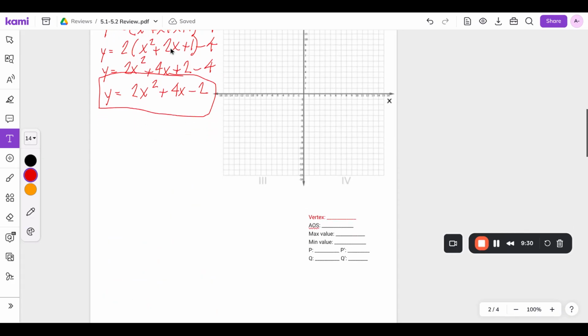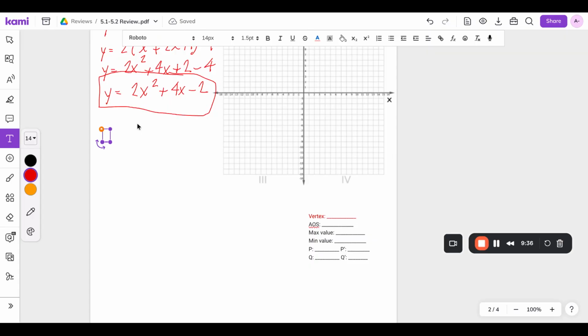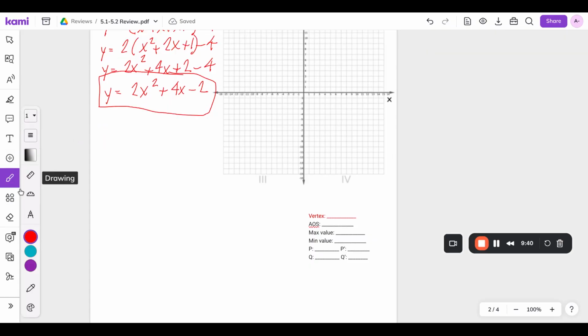So how do you find the vertex? The formula for the vertex should be on the board. To find the x of the vertex, it actually comes from the equation of the axis of symmetry. So you might want to do that first. You know, the axis of symmetry is x equals -b over 2a.